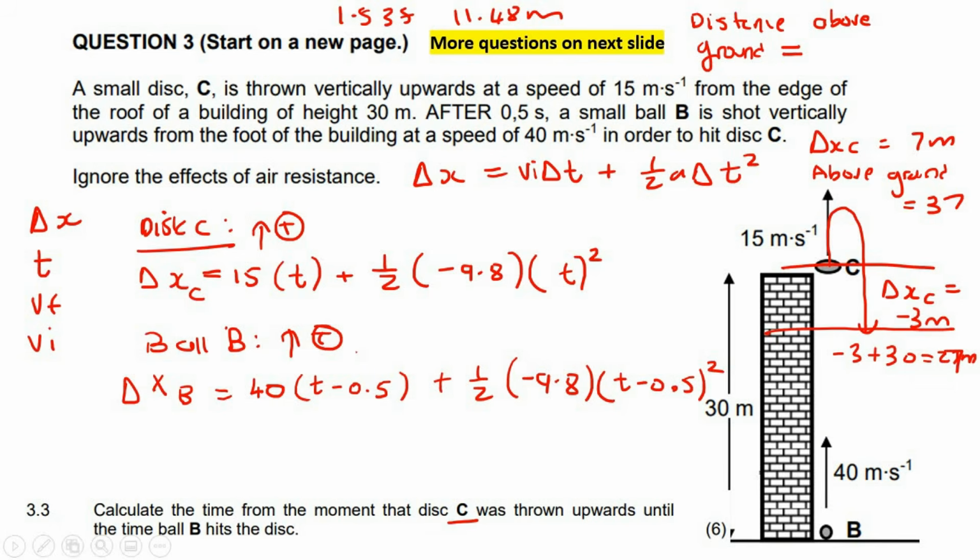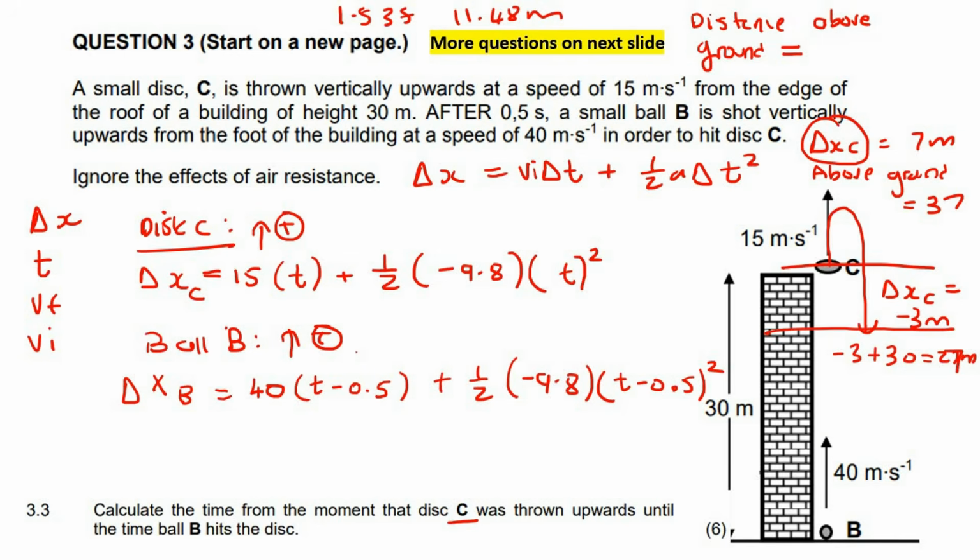So what I'm trying to say is that to find the height of disk C above the ground at any moment, you can just take whatever its displacement value is, which is what we're getting here, and you just add 30, and that'll tell you how high it is above the ground. Okay, now we said that when the two objects collide, their distance above the ground will be exactly the same.